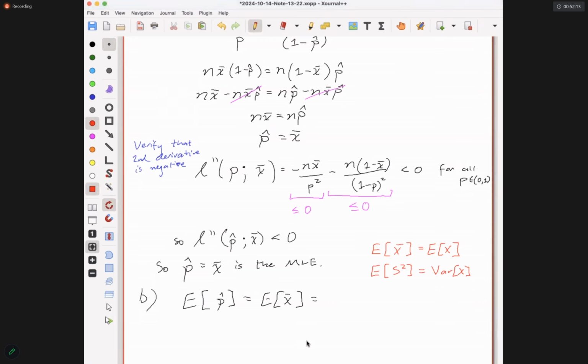Okay, so this thing is equal to the expectation of x. And what is the expectation of x for this distribution?